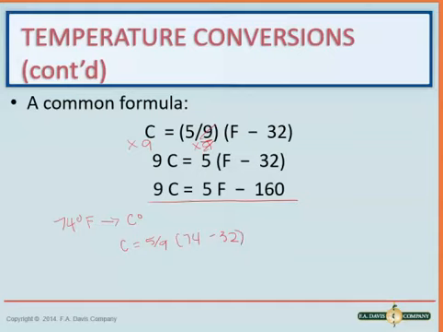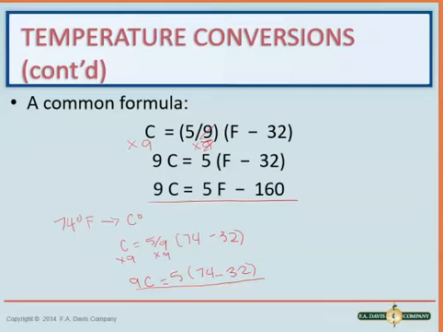And then again, we're going to get rid of our 9. So we're going to multiply both sides by 9 to get our 9 with our C. So once you multiply each side by 9, this is how your formula should look.